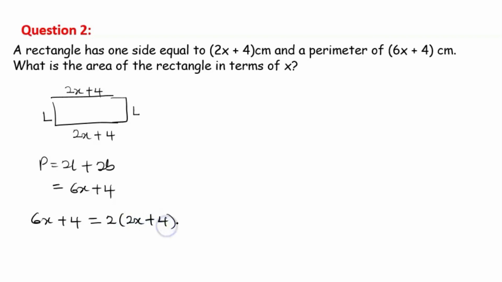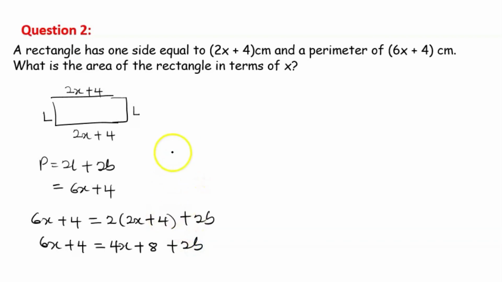If you do this, you're going to have 6x plus 4 is equals to 4x plus 8, then plus 2b.